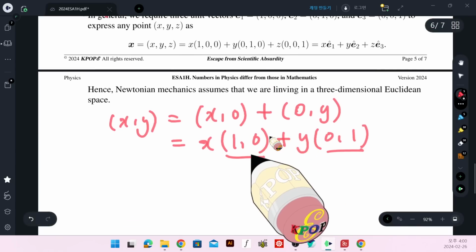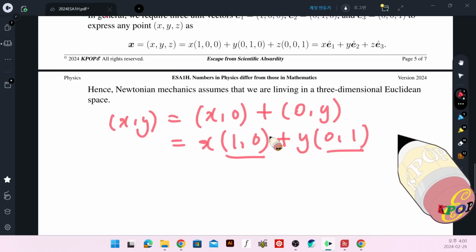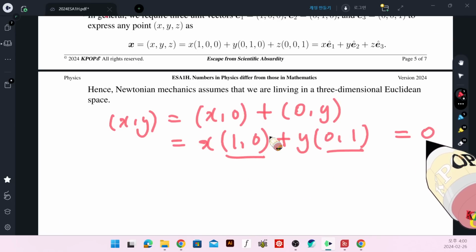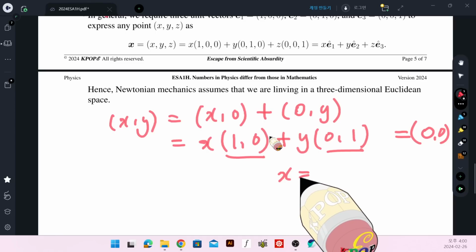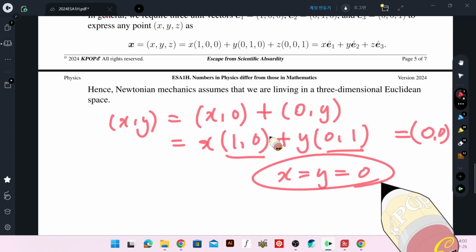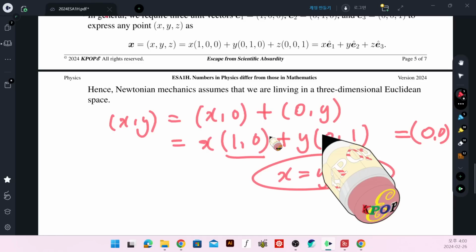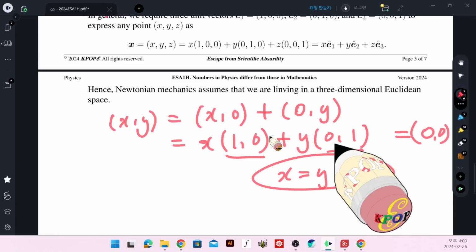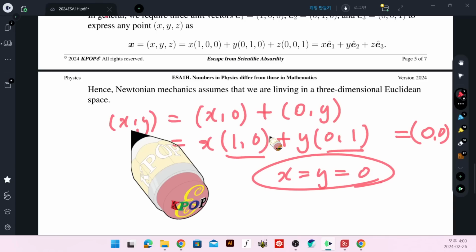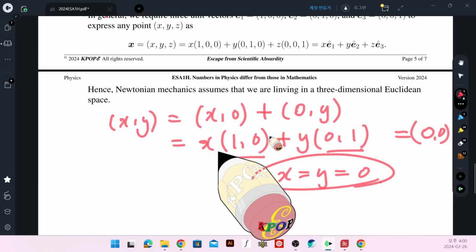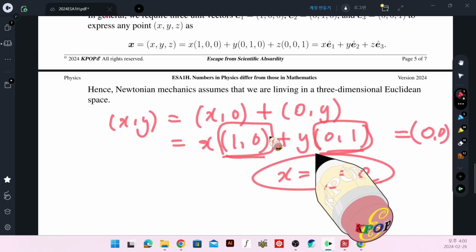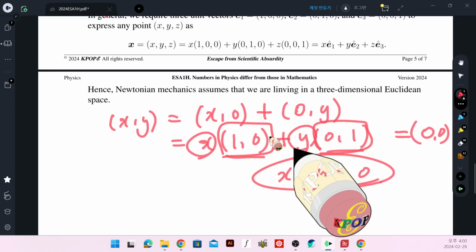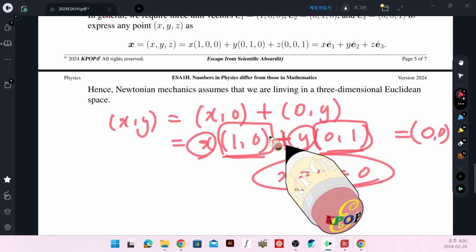If we add these two, we can get 0, 0 if and only if both of them are 0. So these Cartesian coordinates are uniquely defined, if we express a point as a linear combination of two vectors multiplied by real numbers and summed.